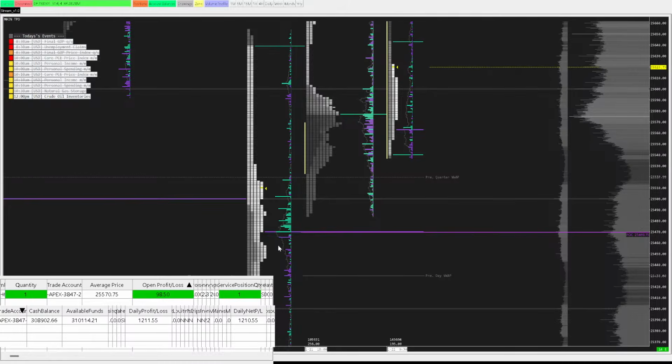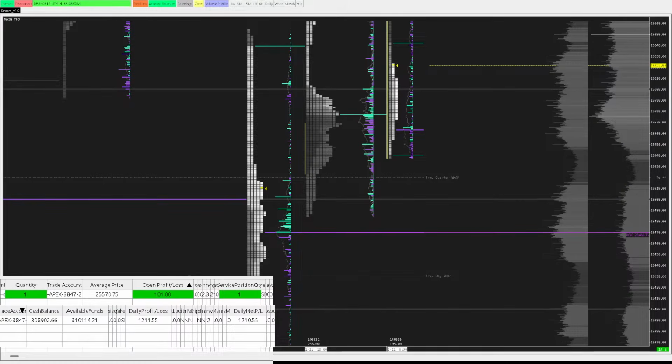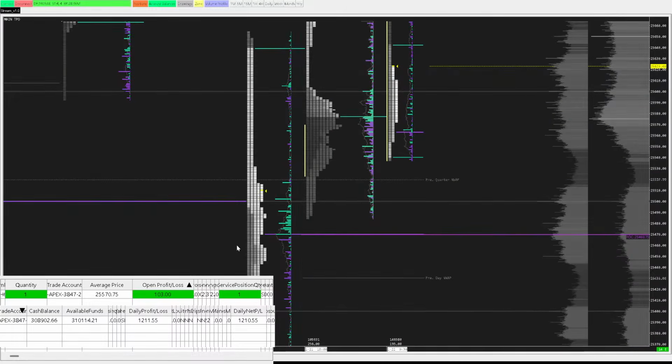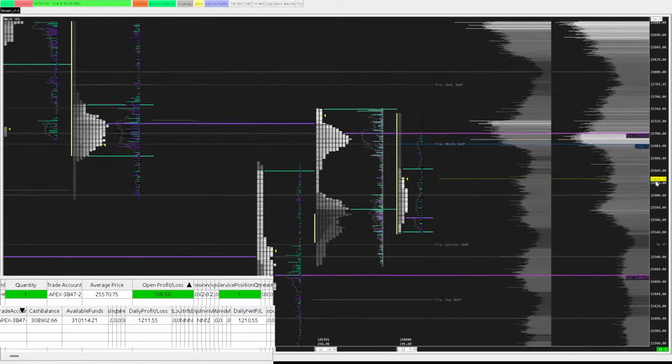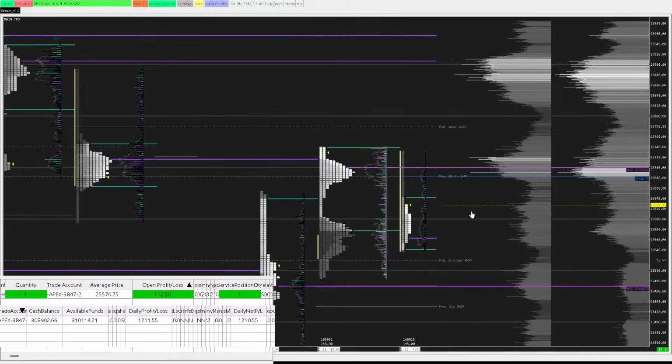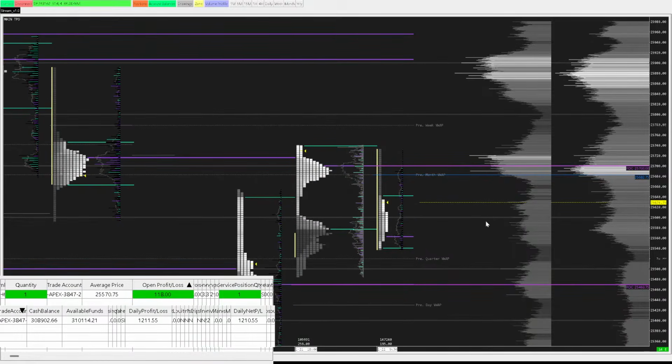That's probably a little bit too much. There you go. It's kind of just echoing what the TPO is showing us. That's probably still a little bit too wide. Let's go to 10.